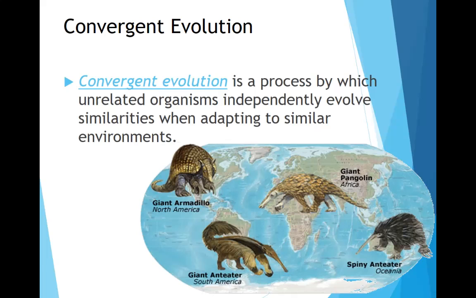If you take a look at these here, the giant armadillo, giant pangolin, spiny anteater, and giant anteater, these look very similar, especially when we start looking at their snout and their front claws. The reason for this is they're primarily insectivores, so they mostly eat insects. And when they do this, it's beneficial to have a long snout and long tongue to get the insects out of small spaces, and some sort of digging appendage to free those insects from whatever hiding place they may be found.